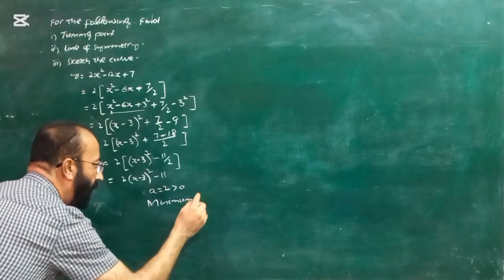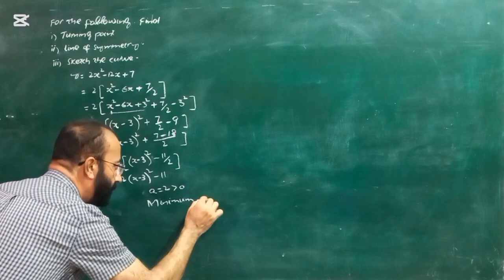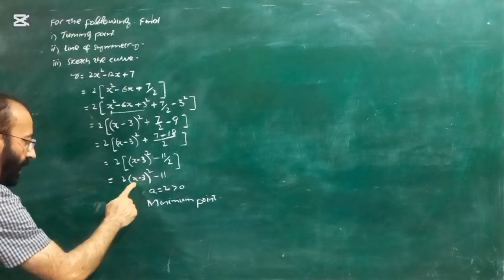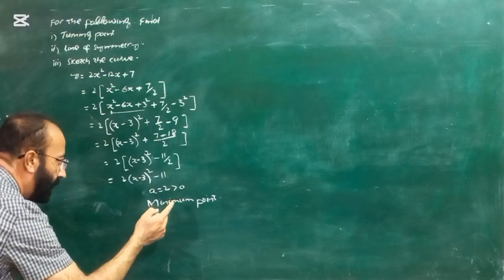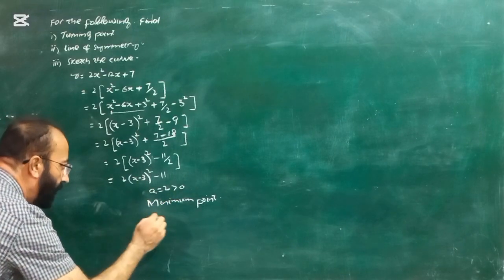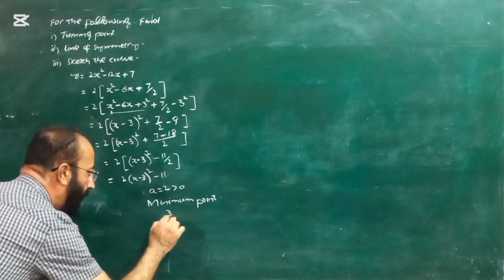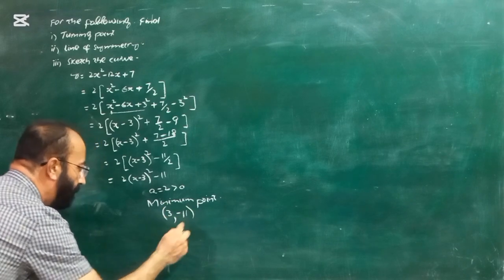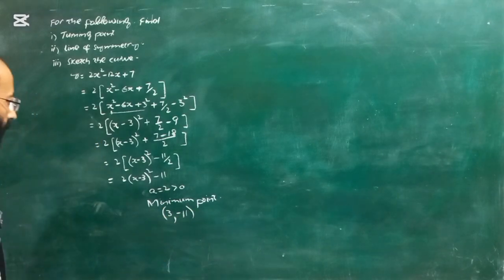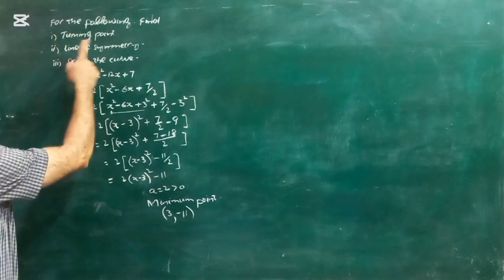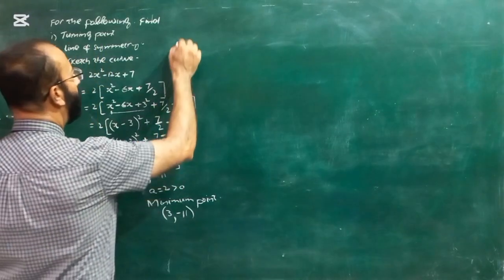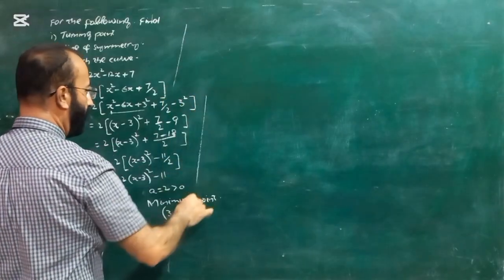And the minimum point will be found from here. x - 3 will be taken equal to 0. So from here 3, and from here minus 11. So (3, -11) is the minimum point and turning point as well. So the first part is done. The second part is find the line of symmetry.